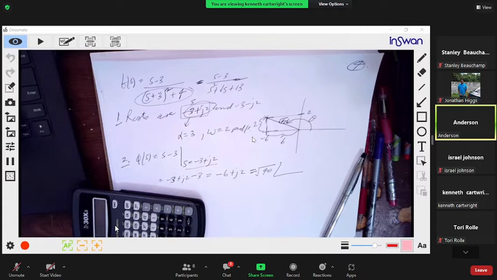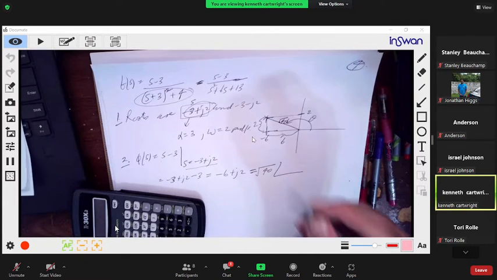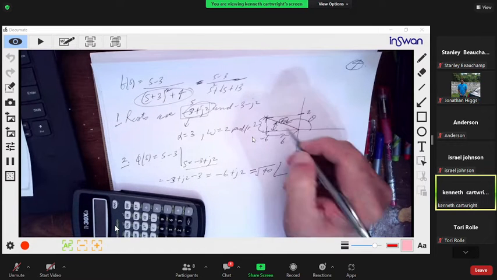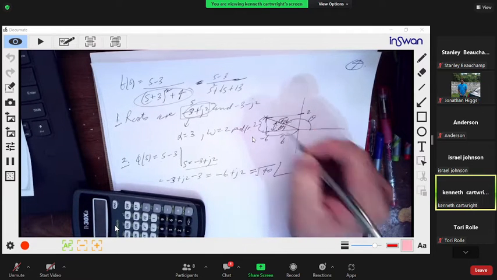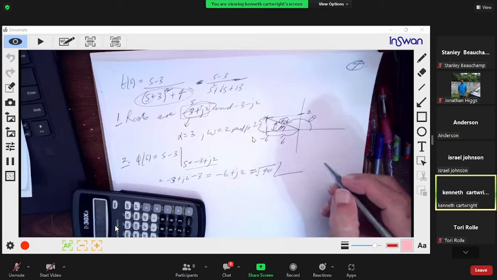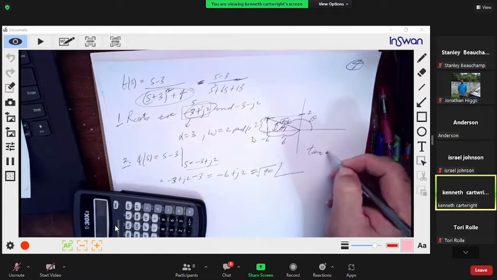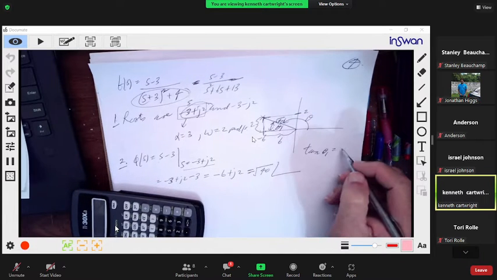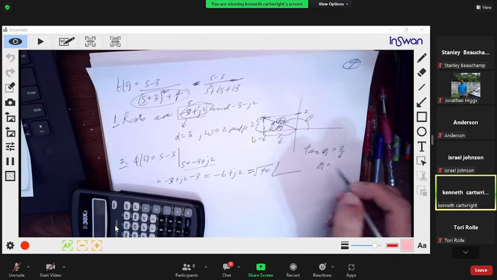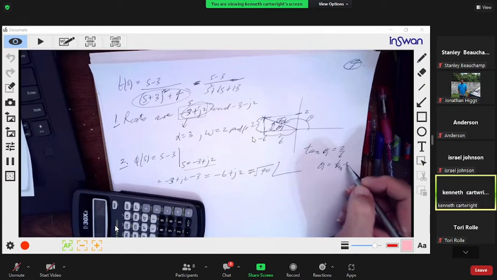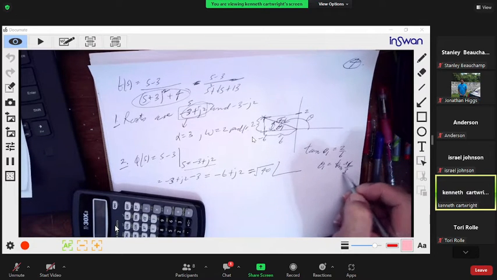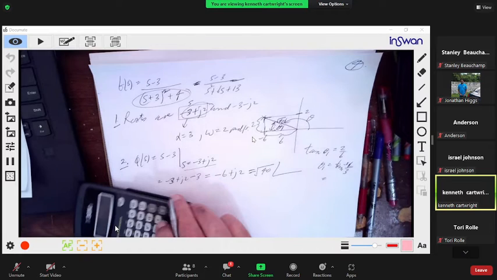Tangent, inverse tangent 2/6. What you just gave me is this angle here, theta 1. I don't want theta 1. Yes, tan theta 1 is 2/6. So theta 1 equals inverse tan of a third.